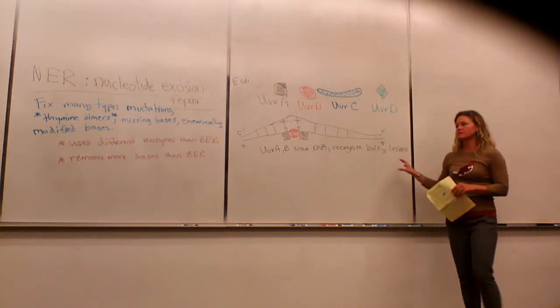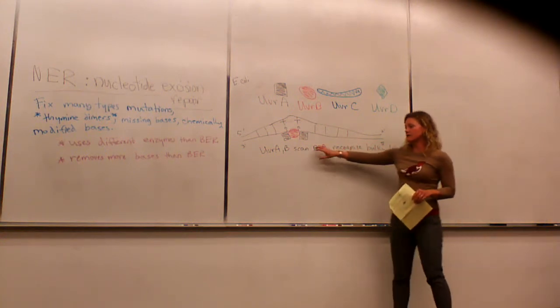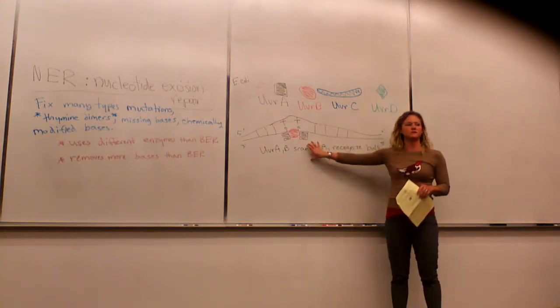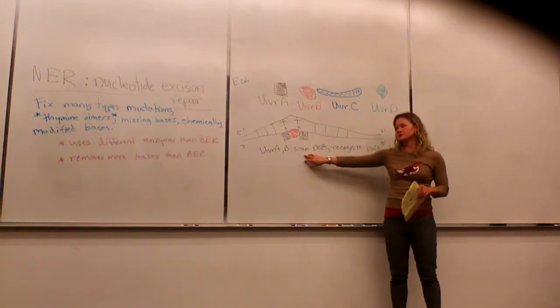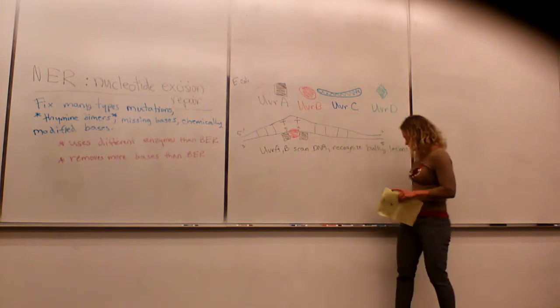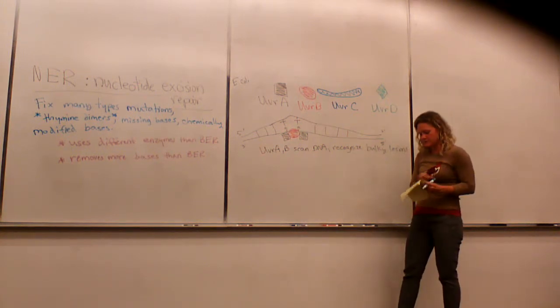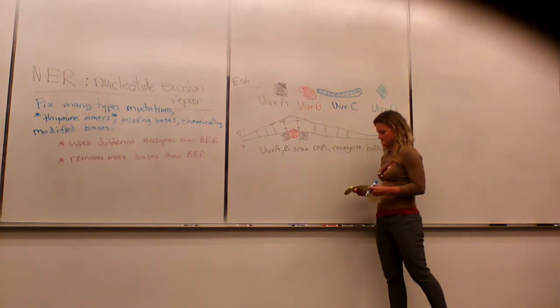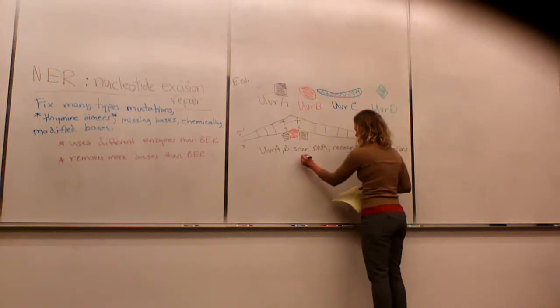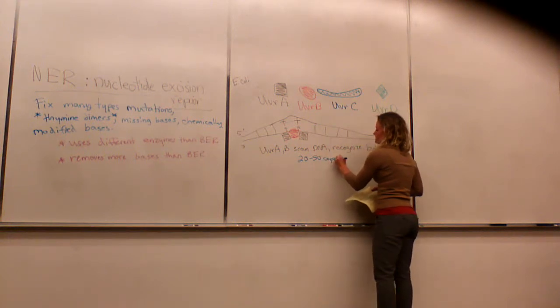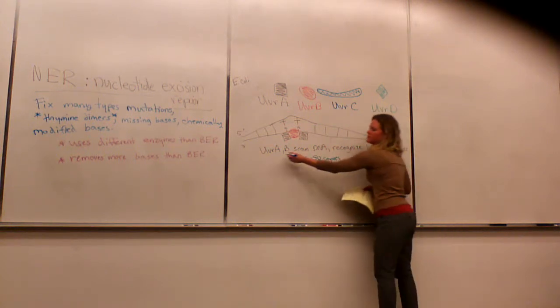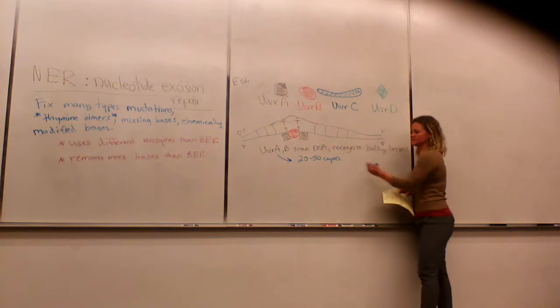And this is one of those big areas still right now, even as well understood as this is in E. coli, this is a huge area of research in terms of how can you take a few proteins, so there's only, let's see, what was the figure? I think it was 20 to 50 copies of UVRA and B, at any given time in the cell.